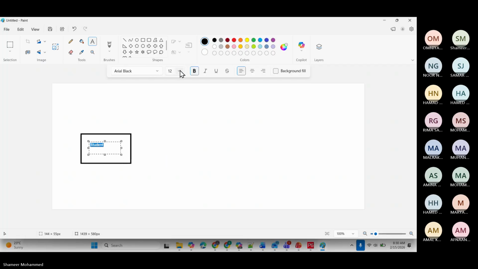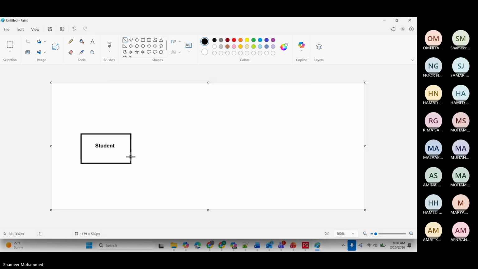Can you tell me? This box, if I write, what is it called? You have the ER diagrams, entity relationship diagrams. In database, it is called entity, no? Yes, entity. Entities: student, course, mark, teacher, a customer. These are all what? Entity.